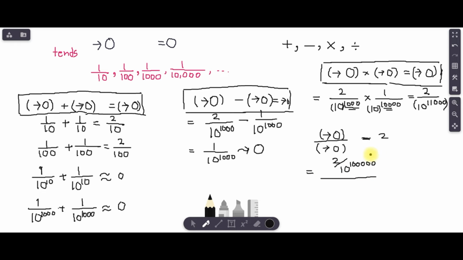Keeping in mind that the answer should be 2, the denominator is a smaller number. If you plot it on the number line, it's a very small number. And can I choose a denominator as a fraction, 1 over 10 to the power 1 lakh, and put it in the bracket? So the answer will be 2.